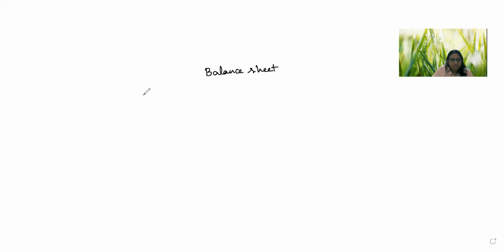In the balance sheet, we want to understand that from one glucose molecule, which is a 6-carbon molecule, 2 molecules of pyruvic acid, which is a 3-carbon molecule, are produced.